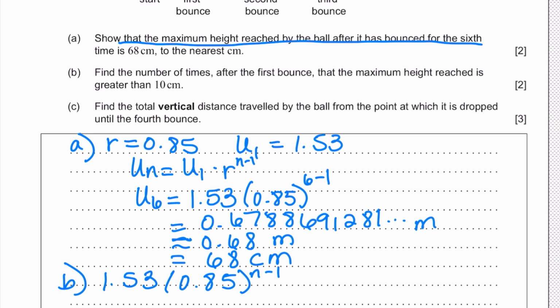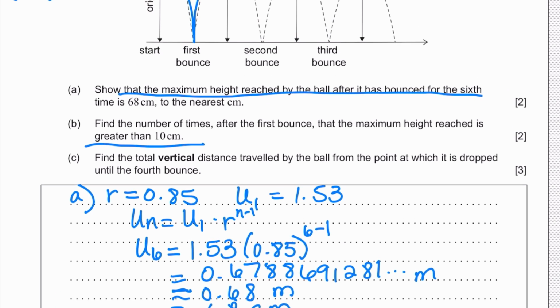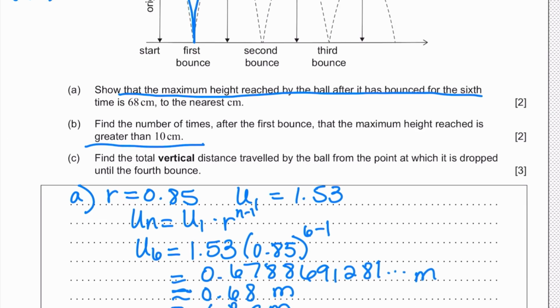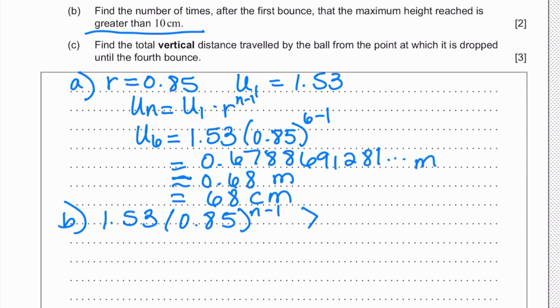That is going to be my geometric sequence, and I want this to be greater than 10 centimeters. And because the 1.8 in the problem is in meters, so 1.53 is also in meters, I need to make sure that when this is greater than 10 centimeters, I can put 0.1 because that's going to represent the same as 10 centimeters, 0.1 meters.